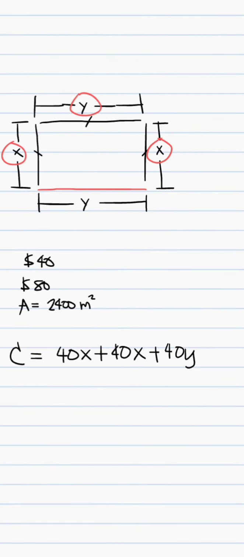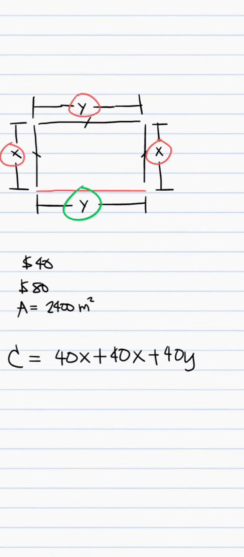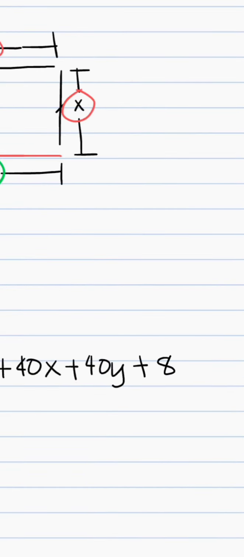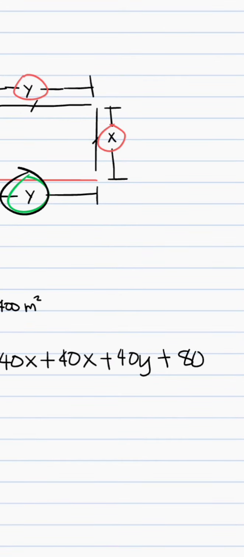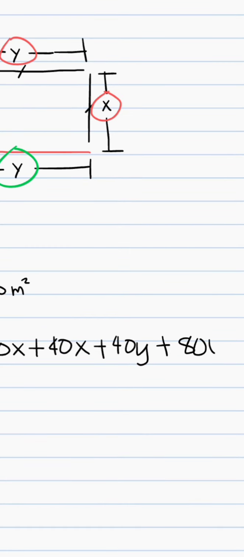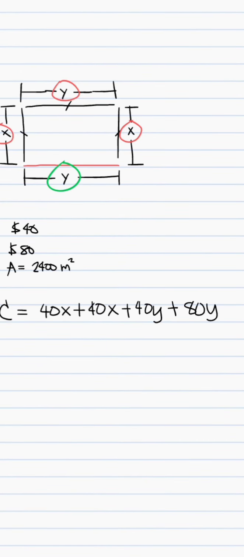And then this front side is more expensive compared to each of these three sides. So that is $80, 80 times the length, right? 80y. So that's 80y. Alright? 40x, 40x, then 40y, then 80y.